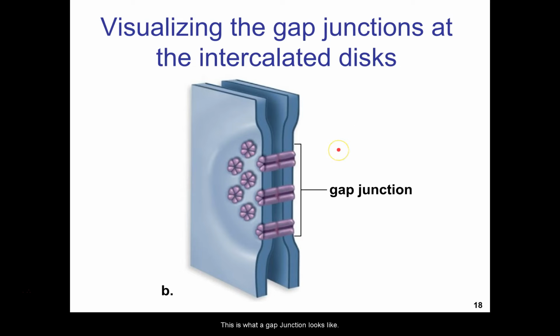So this is what a gap junction looks like, and I'm not as worried about you knowing what this simulated histology looks like. I just want you to see that there is an opening here that is allowing the cells to communicate with one another chemically. So these gap junctions are allowing for chemical communication between muscle cells.